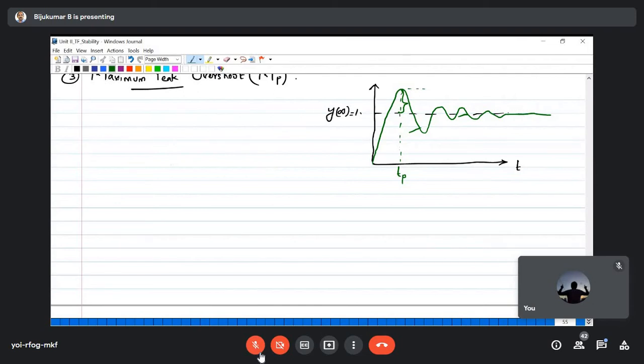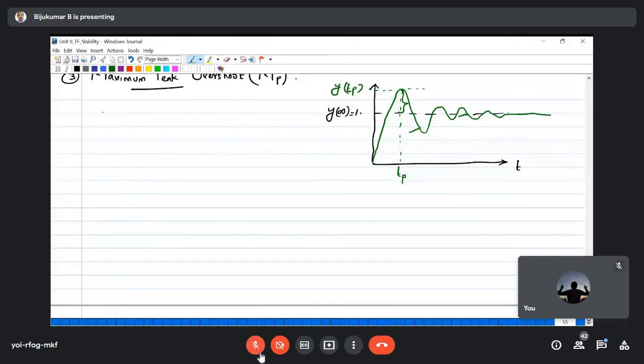Okay. So how can I calculate this? See, this is the point at which the magnitude is y of infinity. This is the magnitude corresponds to y of infinity. And what about this magnitude? Y of TP. Yeah, absolutely right.